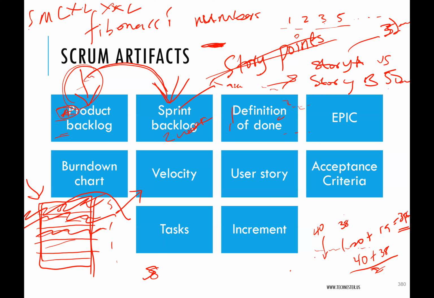They will now convert that into tasks for themselves that they will perform. Everything you produce in the sprint is an increment. What the product owner provides is the user story and the acceptance criteria.